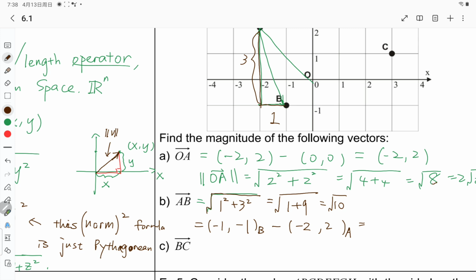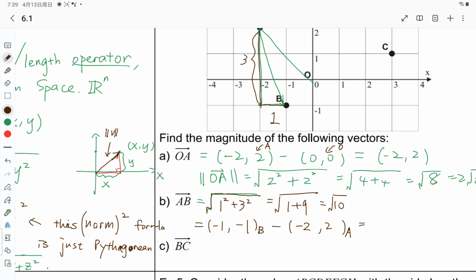Just as an example, for OA, it is the coordinate of A minus (0, 0), so the ending point A minus the starting point O. From this first example, you know the order, which minus which.